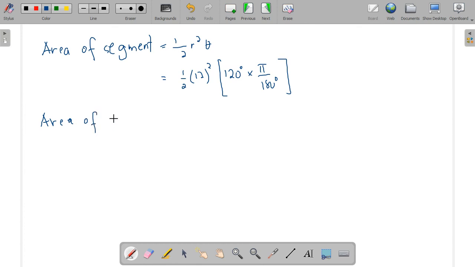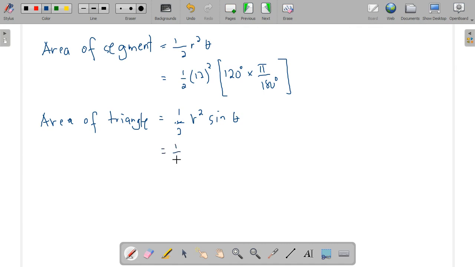Tapos area of a triangle. Area of triangle. So area of triangle is 1/2 base times height. So 1/2 times the two sides and the included angle, no? Or you can say b squared or r squared. So r squared times sine of your theta.